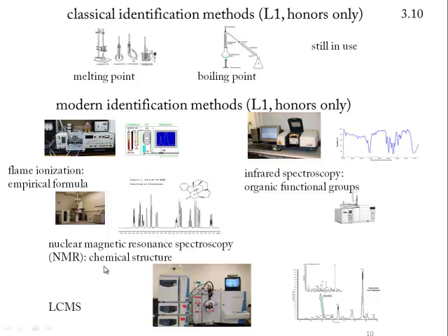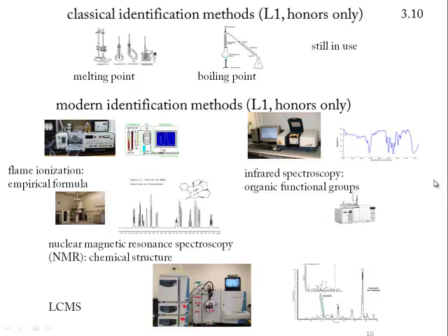It gives rise to a chemical structure. These other ones don't. So this is a very powerful technique. It tells you basically the bonds between every single atom in the molecule. Usually it's based on a hydrogen, so every hydrogen gives rise to a peak which can be split. We can go into more detail at another time, but nuclear magnetic resonance spectroscopy can give rise to the chemical structure, typically of organic compounds.